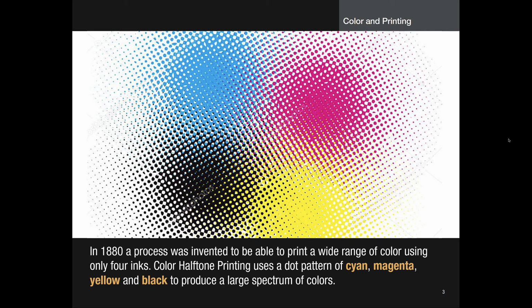So this system was developed to get the widest range of color using the fewest number of colors. What was discovered is that by taking these four colors, cyan, magenta, yellow, and black, and combining them through dot patterns, it will optically create a huge range of colors. So you can get a major spectrum of color using only these four process colors.